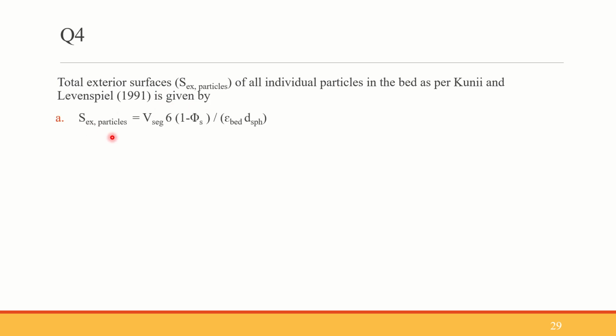Option A, the total exterior surface area of the particles is equal to V segment into 6 into 1 minus epsilon bed divided by phi_s into d sphere. Option B, the exterior surface of the particles is equal to V segment into 6 into phi_s into d sphere divided by 1 minus epsilon bed.